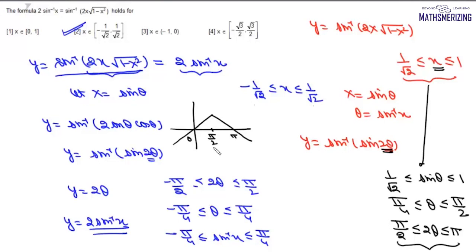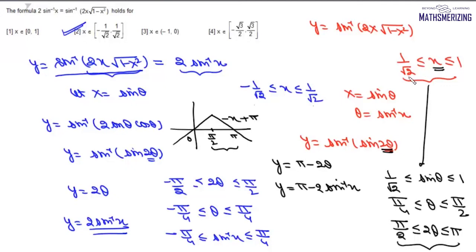Now in this interval between pi by 2 and pi, the definition is minus x plus pi. So here when we simplify sine inverse of sine 2 theta, it won't be 2 theta, but it will be y equals pi minus 2 theta. So here we'll get y equals pi minus 2 sine inverse of x.